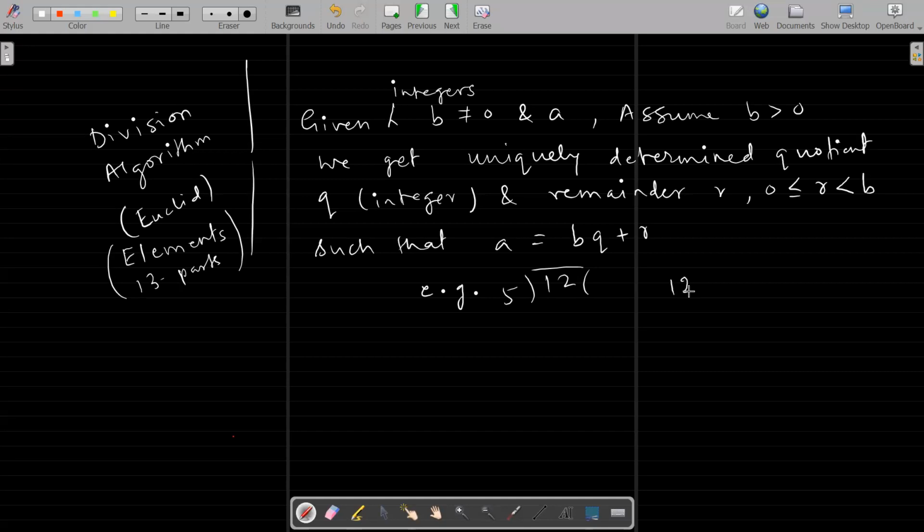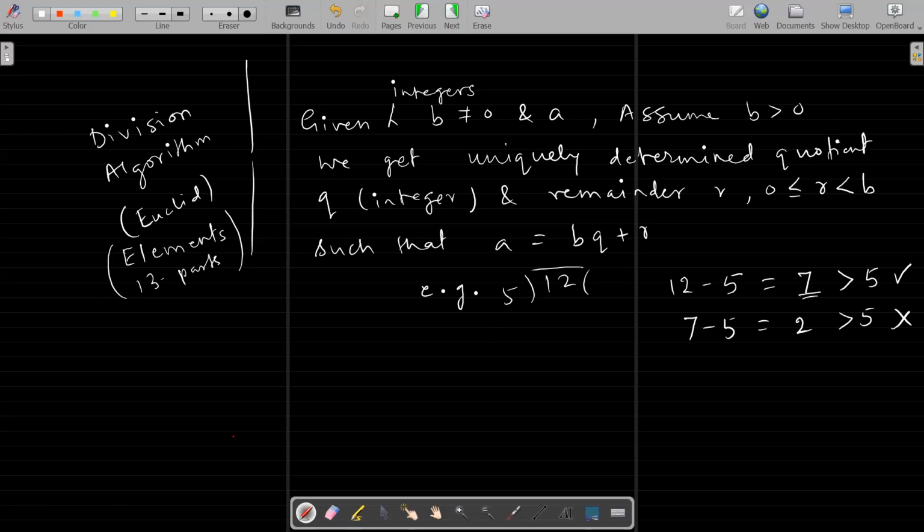So 12 minus 5 is 7. Is that number greater than the divisor, that is 5? Yes. So we continue. 7 minus 5, that is 2. Is it greater than 5? No. So we stop. Continue your subtraction till your remainder is not greater than the divisor.